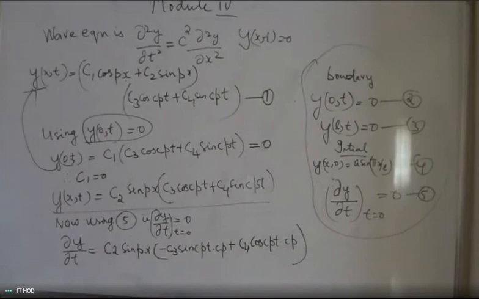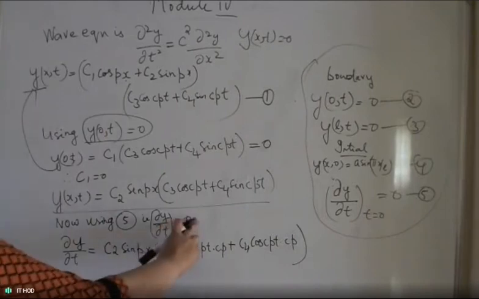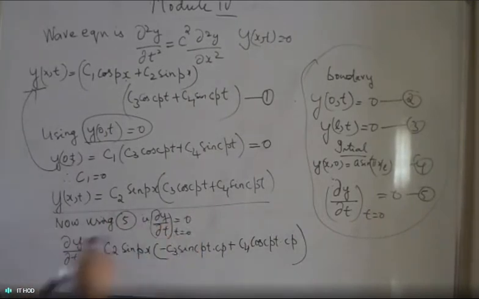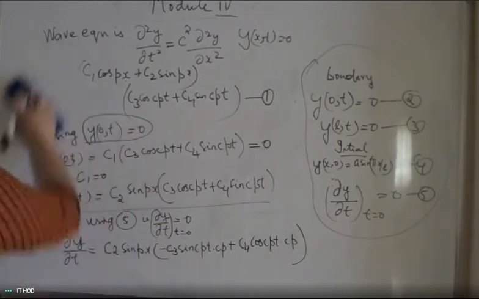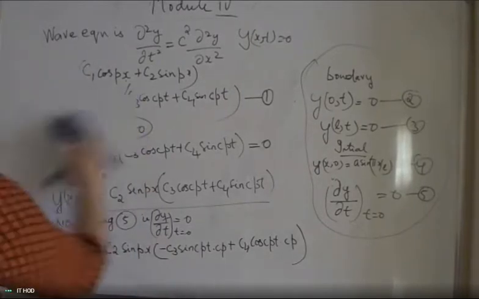And we know this is equal to 0 at t equal to 0, so we are going to use that. This is our new ∂y/∂t. Let me erase this part because we don't need that.